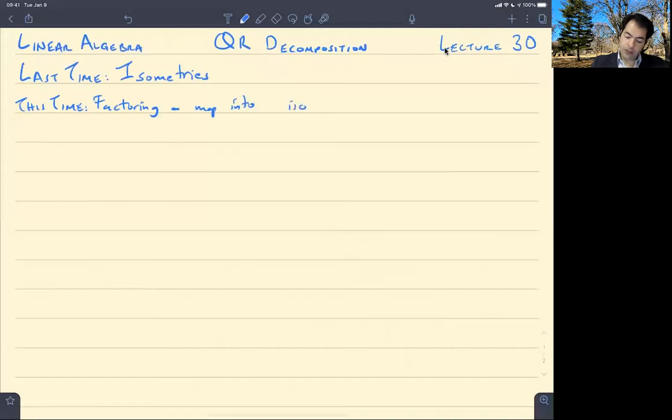The Q is going to be an isometry, and we're going to compose it with an upper triangular. R stands for right, so you can think of it as a right triangular matrix. Sometimes you see QU, and U stands for upper triangular.